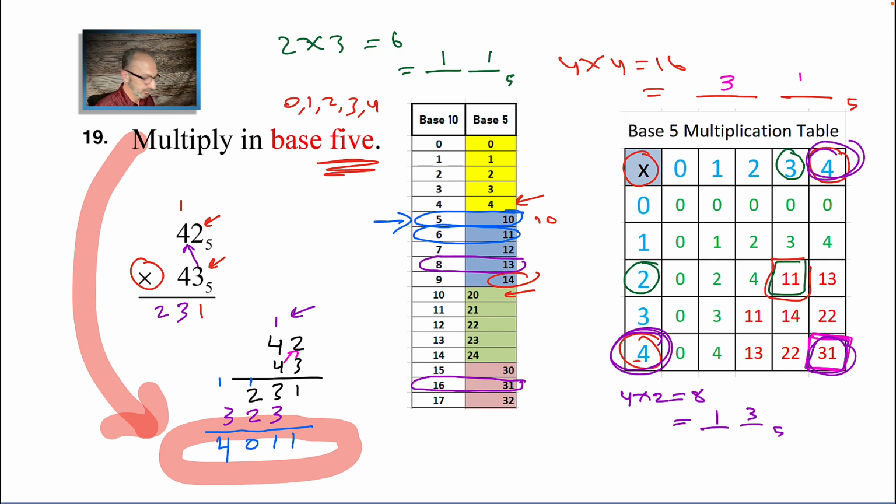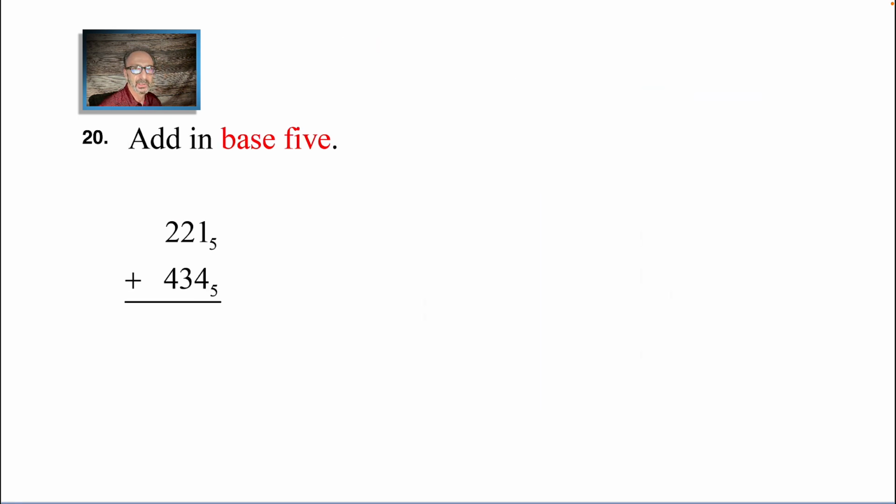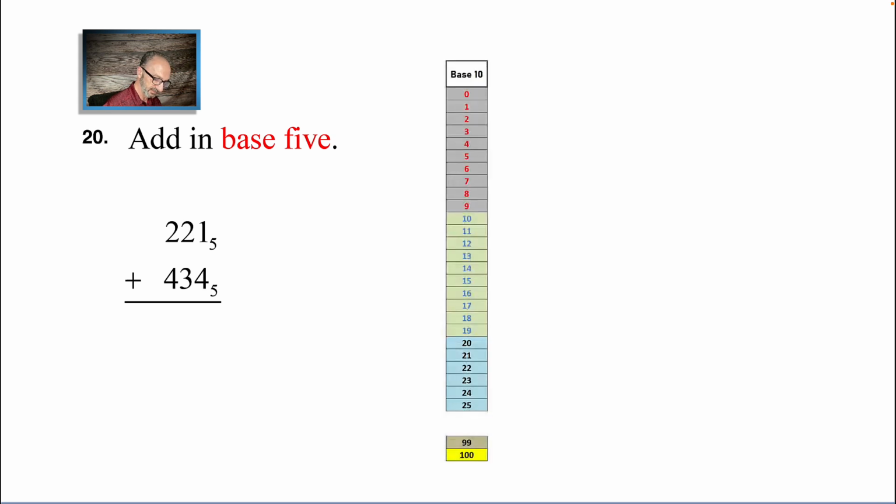I do have separate videos for multiplying different bases. I will link them down below. The last problem, number 20. We multiplied in base 5. Now we're adding in base 5, which is pretty much the same concept. You need to know how to count in base 5. In base 10, after 9, we make it 1, 0.